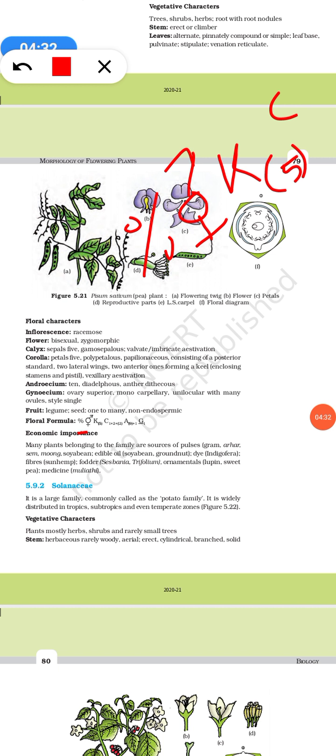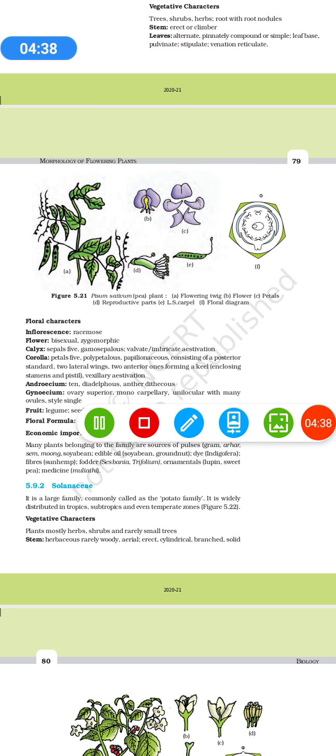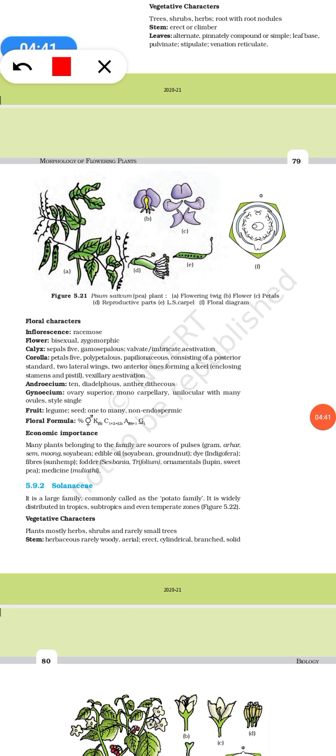Fine. I'll write this once more. So I said it is zygomorphic. Then I said it is bisexual, right? Then I said the calyx is fused, 5.